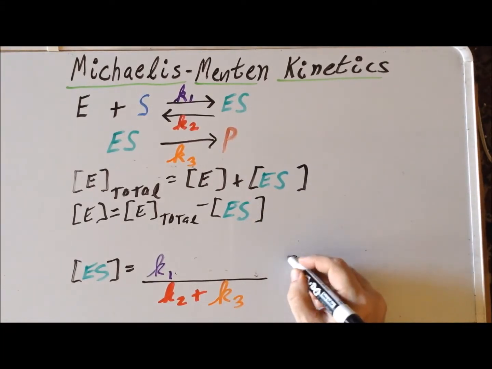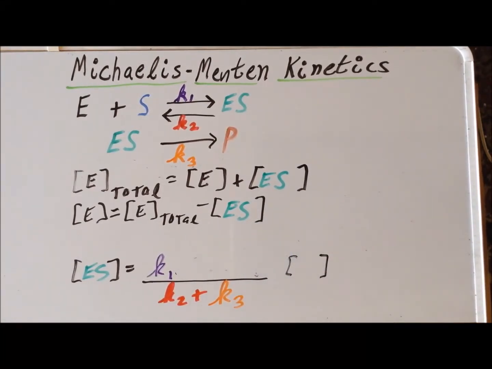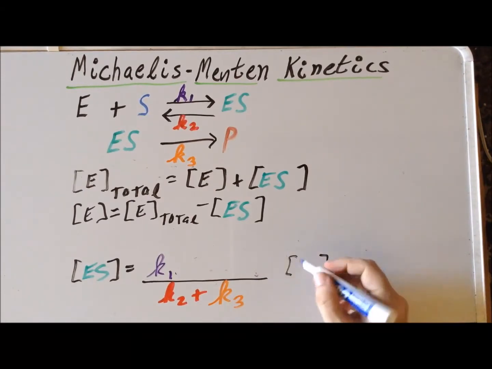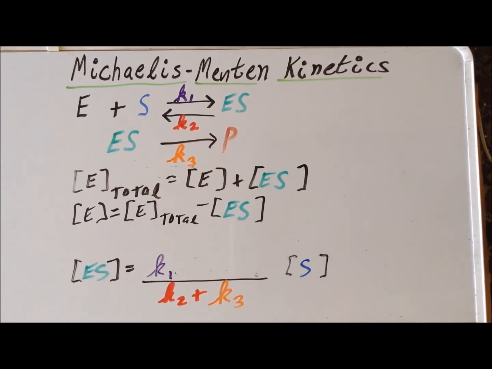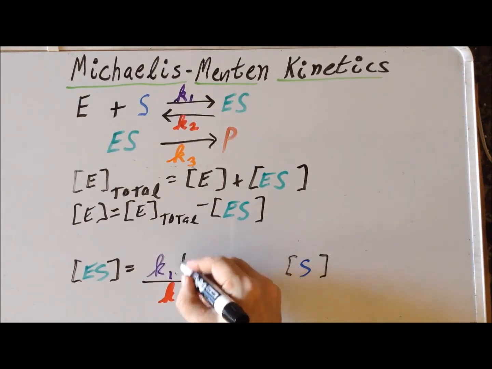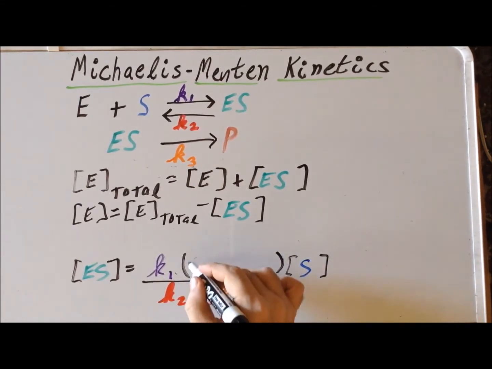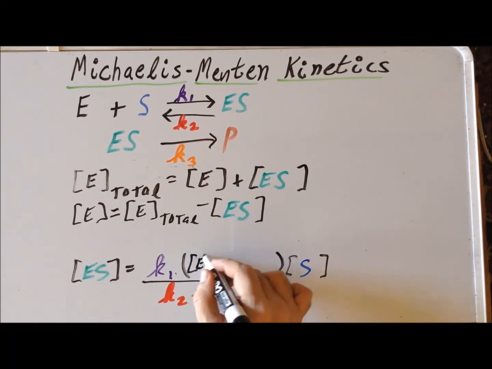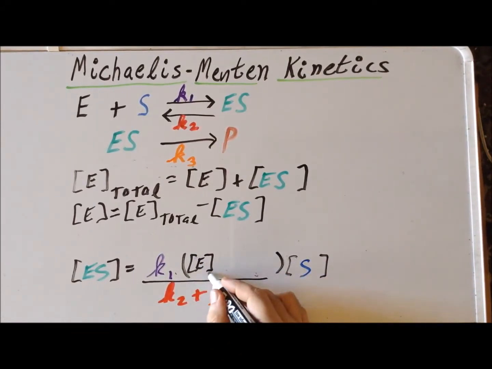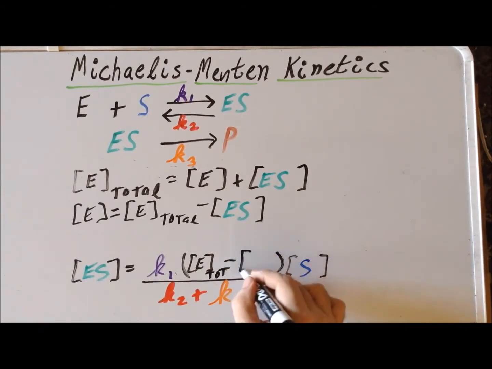So this is our concentration of the substrate, which was already there. And now we're going to substitute our expression for the concentration of free enzyme, which we're going to write now as the concentration of enzyme total, let's put it as TOT, minus the concentration of the enzyme-substrate complex.